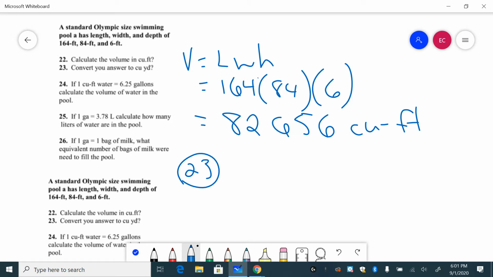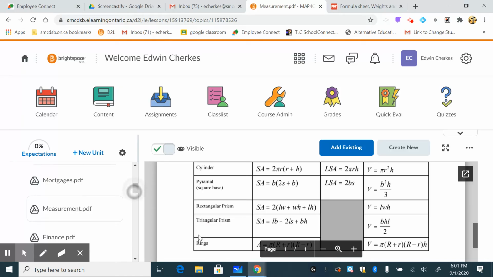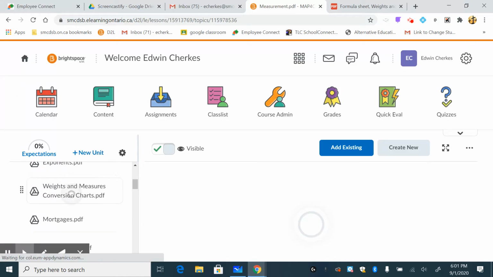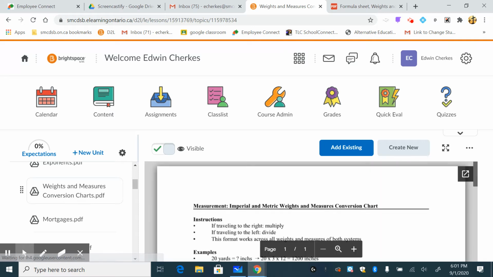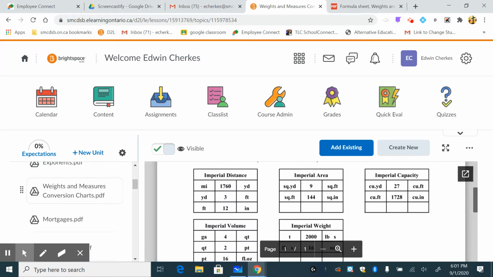So if you don't remember how to convert it, which I wouldn't, I'm going to go back to our formula package and go to the weights and measures conversion chart. You're going to go to the volume part, and look right here where it says cubic feet to cubic yards.